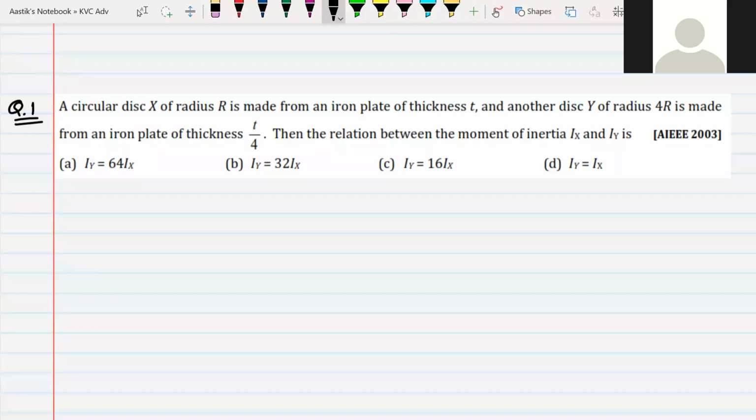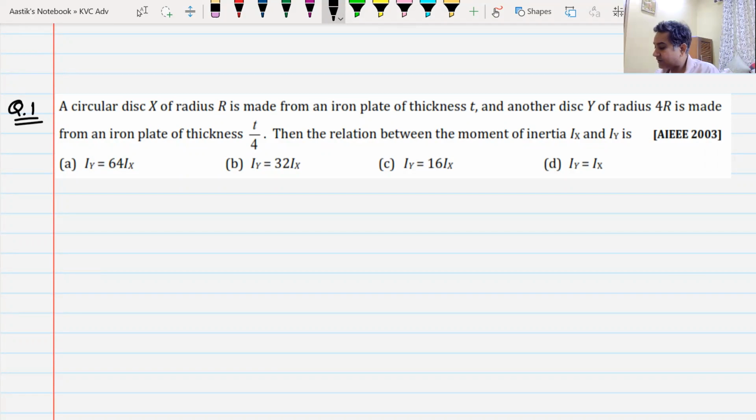Hello, sir. Yes. Sir, it is option C. IY is 16 times IX. How did you get it? That is not the correct answer though. You want to try or shall I do it?